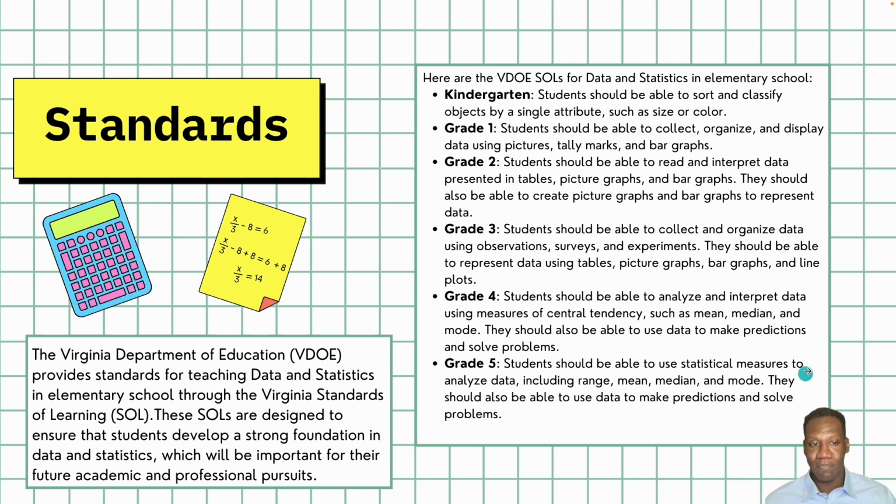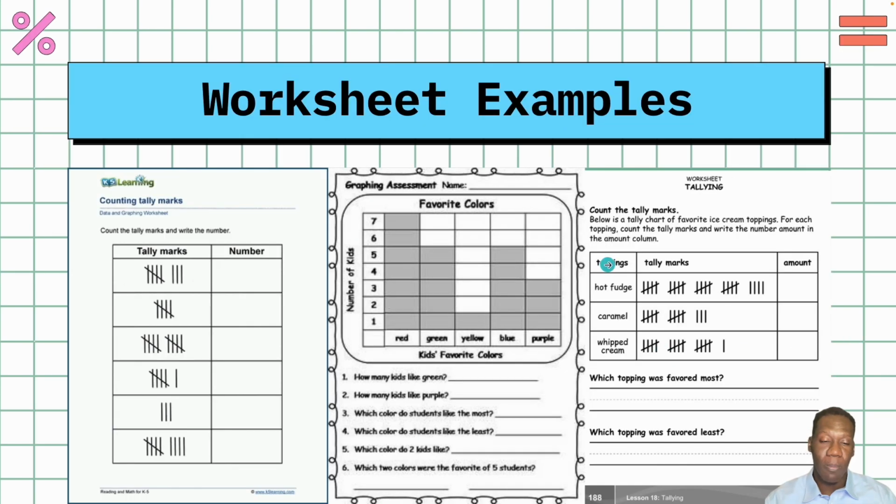And here are a couple of examples of worksheets that are very, very simple. You can tweak them and make them your own, but I got a couple examples offline, and I'll leave the links to these websites where I got these from as well.